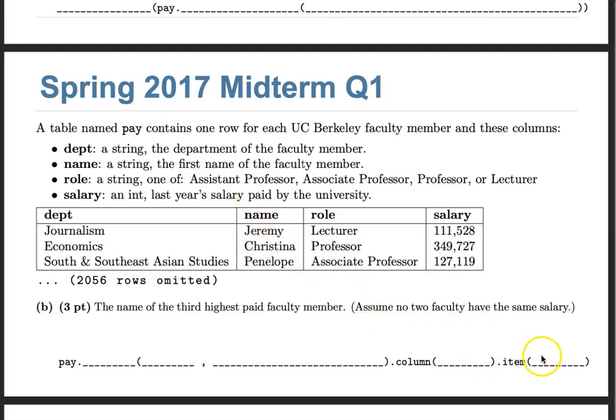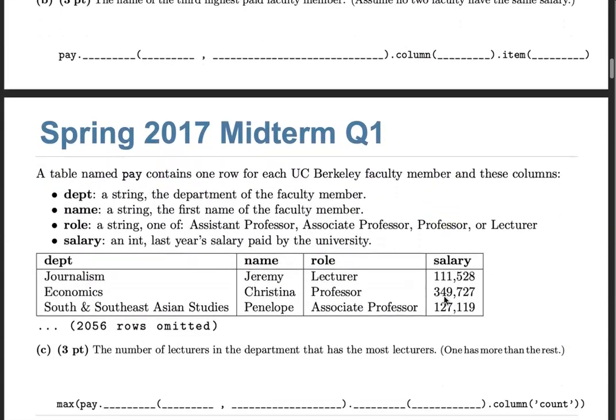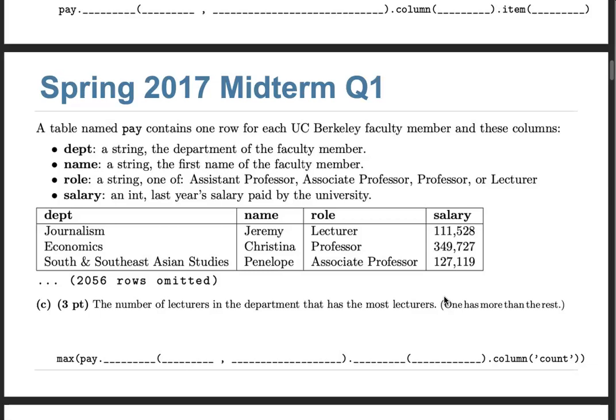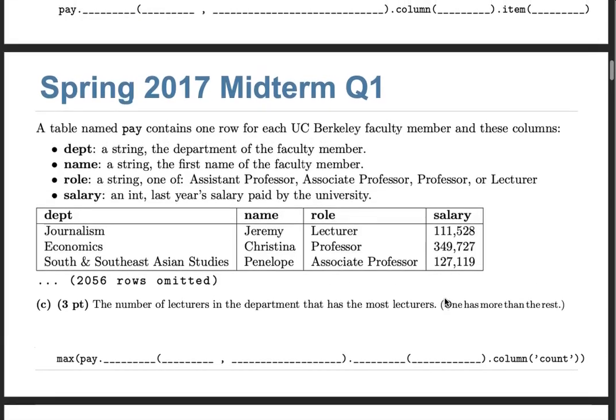Then we get the item. Since arrays start from 0, the third highest pay should be item 2. So you can see the most important thing for the Python programming part is that you need to know very well how to manipulate the table, and also for some array questions as well.